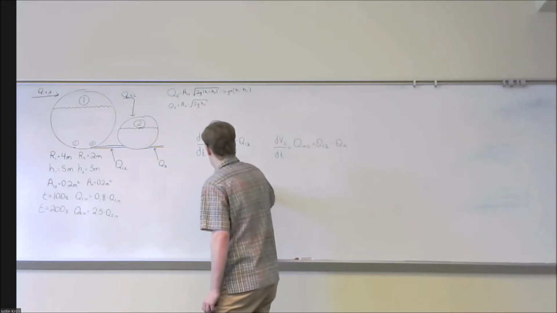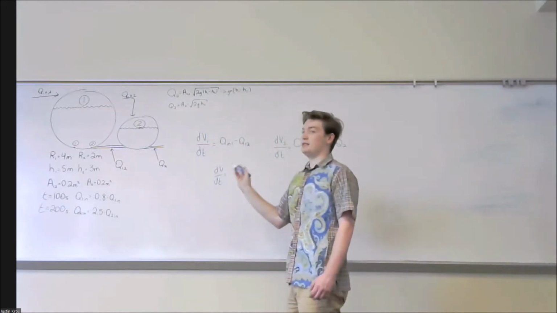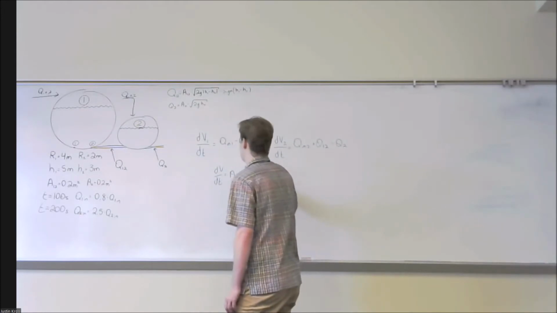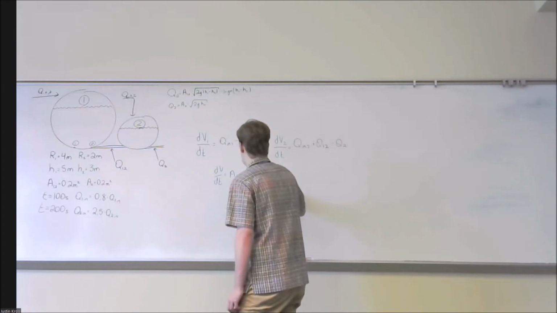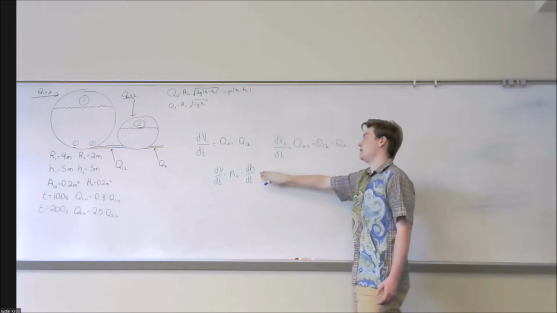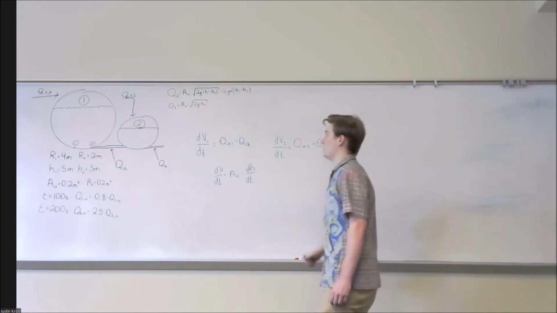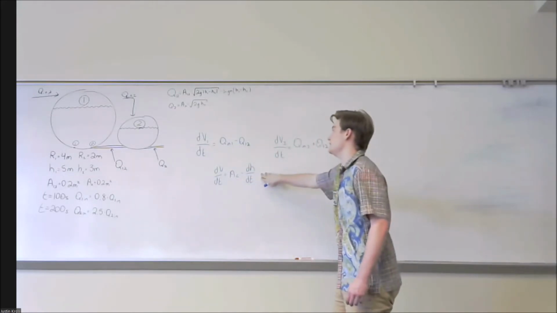So our dV dt equals the cross-sectional area, AC, times the change in height over time, dH dt. And dH dt is actually what we're looking for. We want to find the change in height as it changes with time. So how do we manipulate these two equations into giving us dH dt?